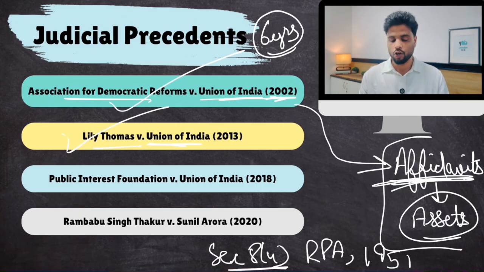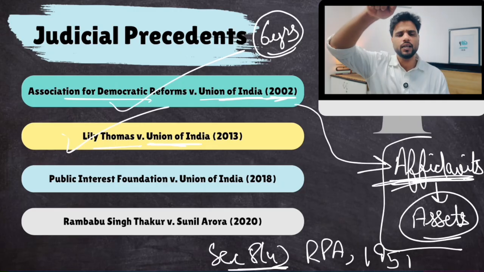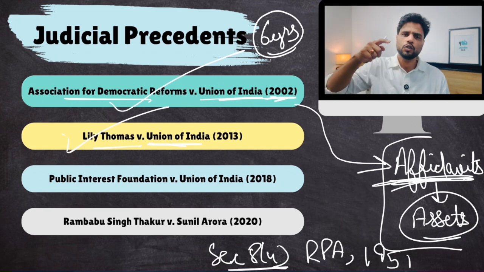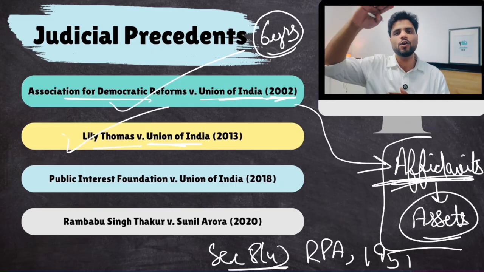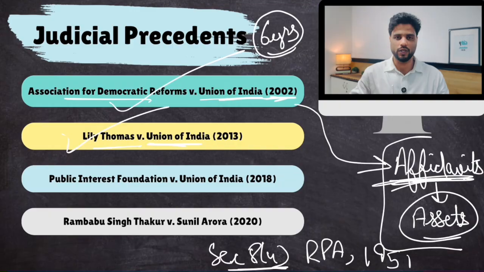But Section 8, Clause 4 said that if you have been convicted by a lower court and you file an appeal in a higher court, that means you haven't been proven guilty. If you file an appeal, the case is still going on. So you got saved through this.